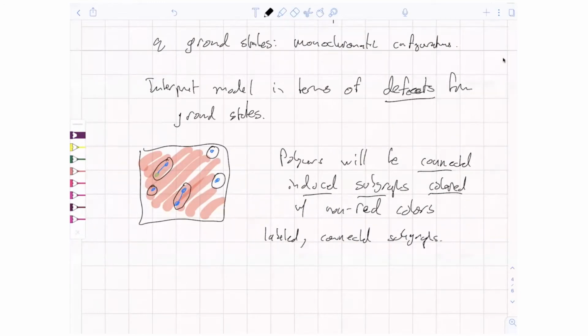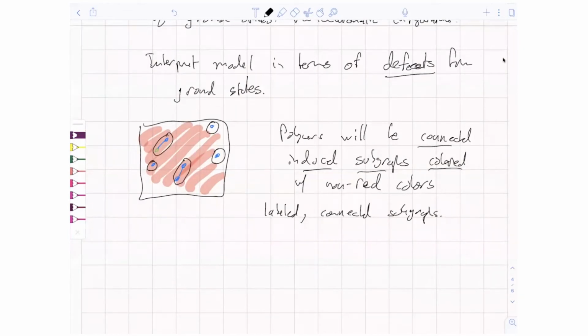Okay, good. Now, what's the compatibility relation? Well, I want the ones that are disjoint to be compatible, and I don't want to say that these two vertices are different polymers. So we'll say that gamma is compatible with gamma prime if gamma union gamma prime is disconnected.